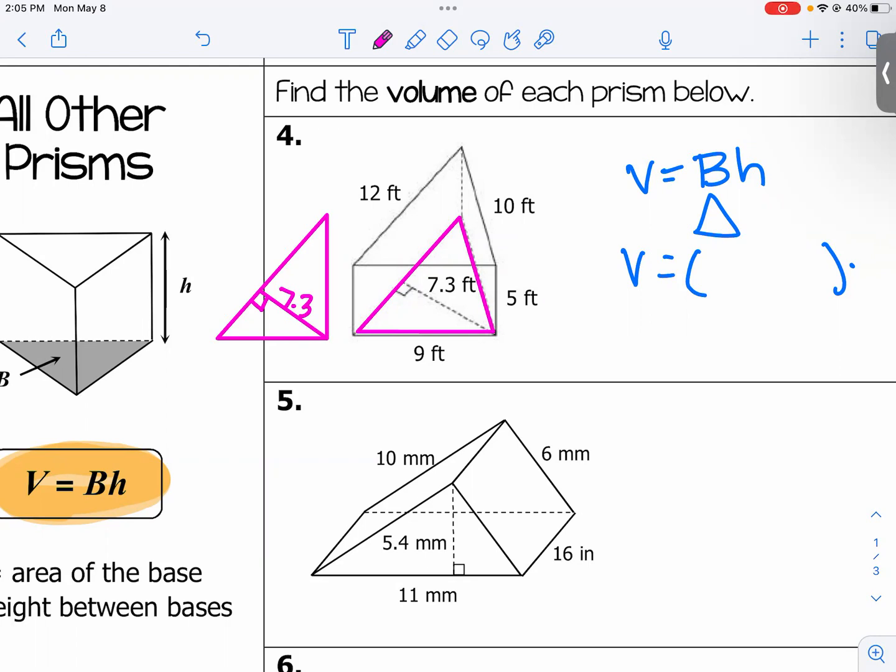It's saying it's a 90-degree angle. The other angle. What other angle? The other right. It's not. How do we know? Okay. The base and the height are always connected to the right angle.